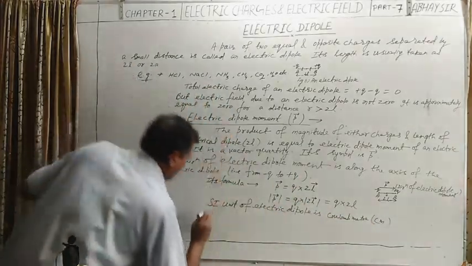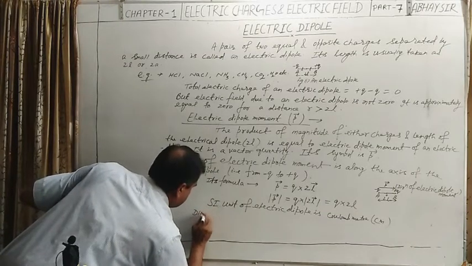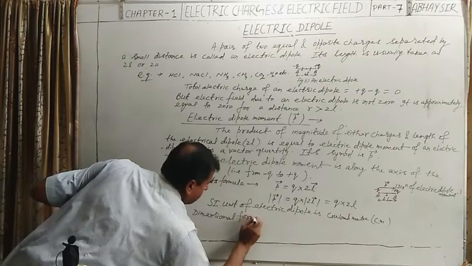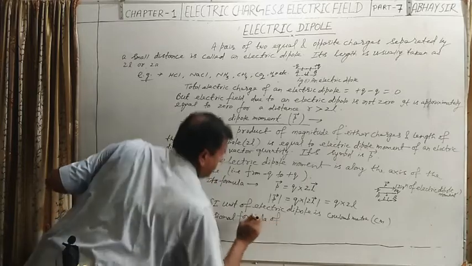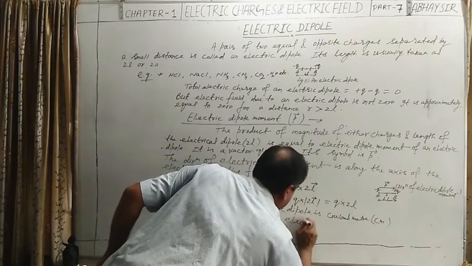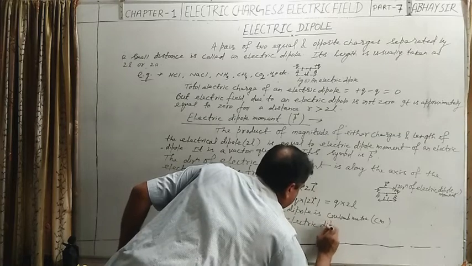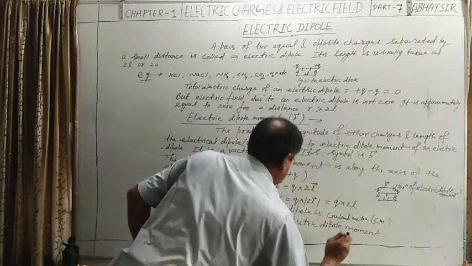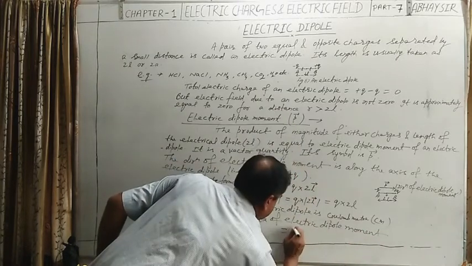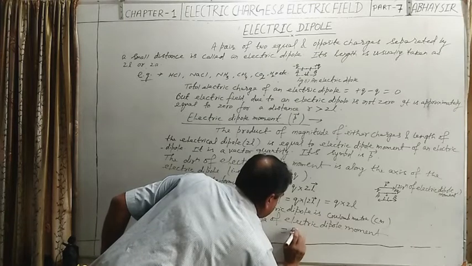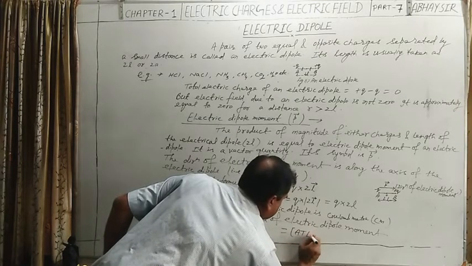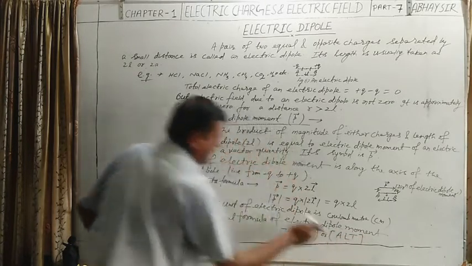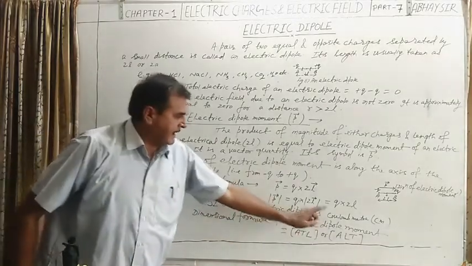Dimensional formula of electric dipole moment. Charge has dimension AT, that is current into time, current being ampere and time T, and length is L, so it is ATL, that is ALT. This is the dimension formula of electric dipole moment.